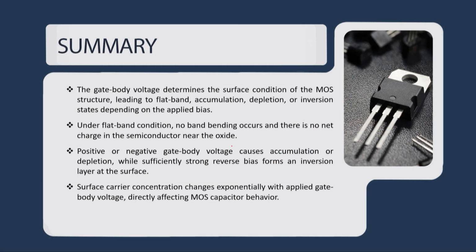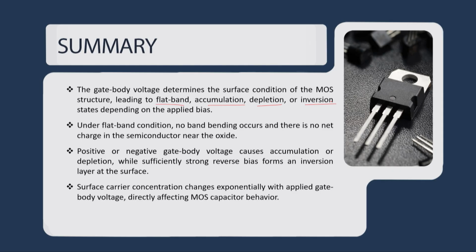Let me summarize this lecture. When you apply a gate to body voltage in the MOS, different regions of operation will come into picture, named flat band condition, accumulation condition, depletion condition and inversion condition. Flat band condition means there is no charge pile up in the semiconductor.